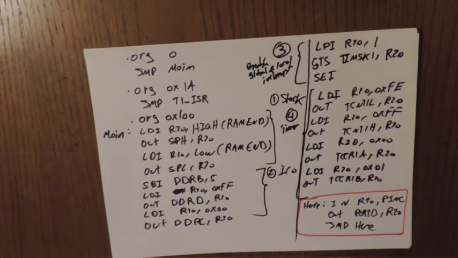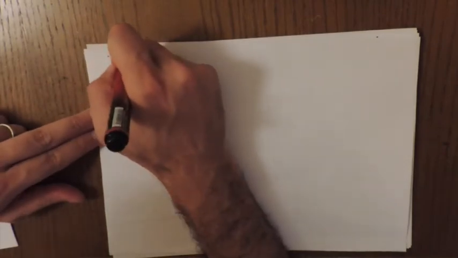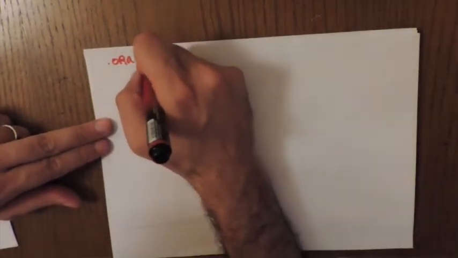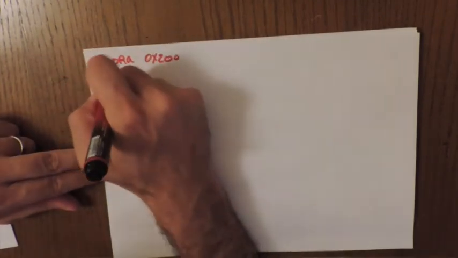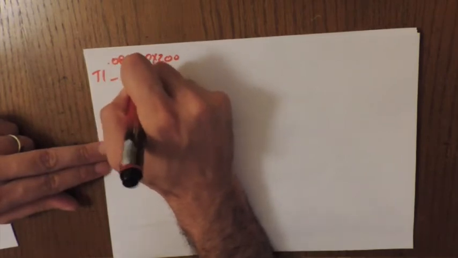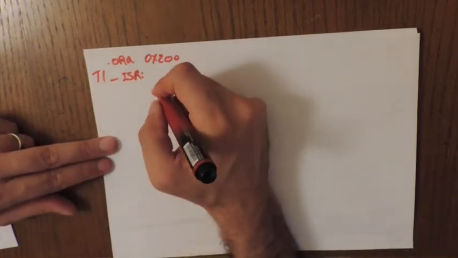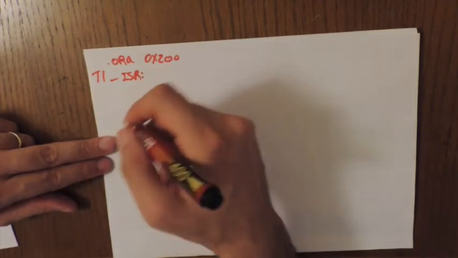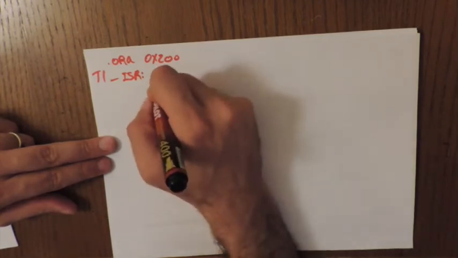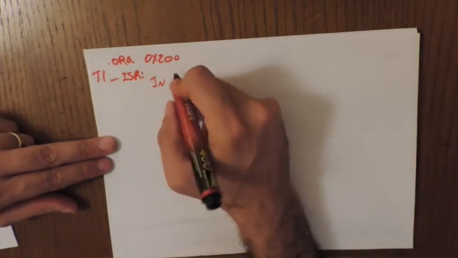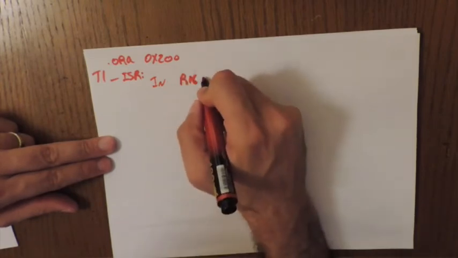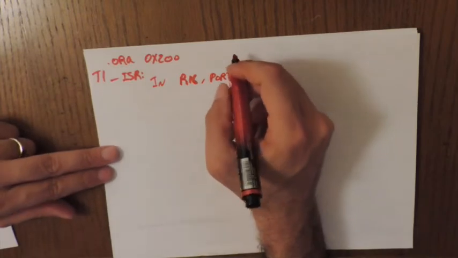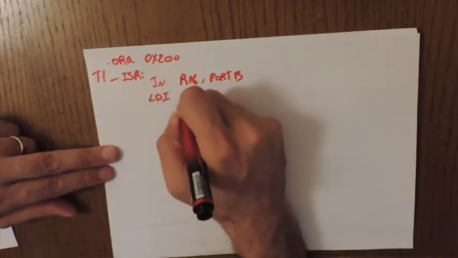Okay, so now I still need to write the code for the interrupt service routine. Let's say I'm going to place it in .origin, just directly under this part. I'm going to write it in red. So this is timer 1 ISR. First thing, I need to read the value of port B. So I'm going to do R15, port B. Of course, I'm only interested in bit 5, so I'm going to do a mask.